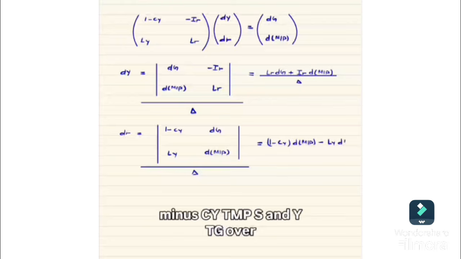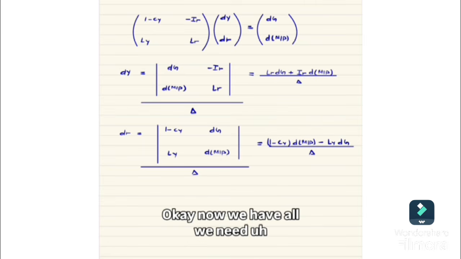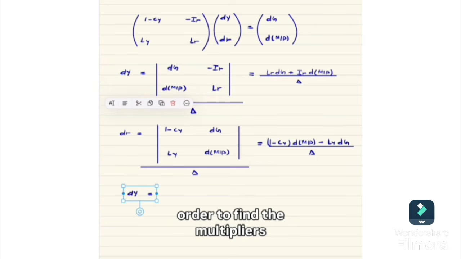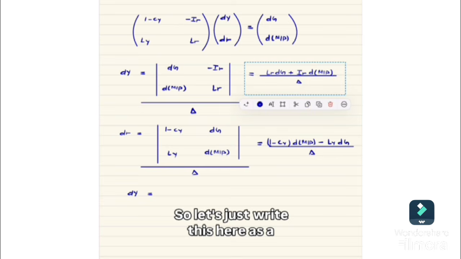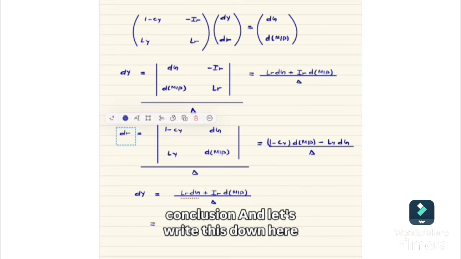Okay, now we have all the information that we need in order to find the multipliers. So let's just write this here as a conclusion, and let's write this down here as our other conclusion, because it's kind of nice to have all the conclusions written together.